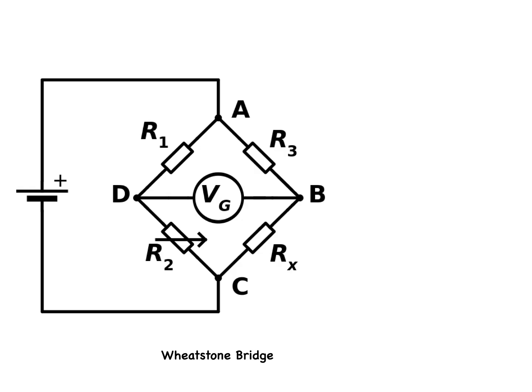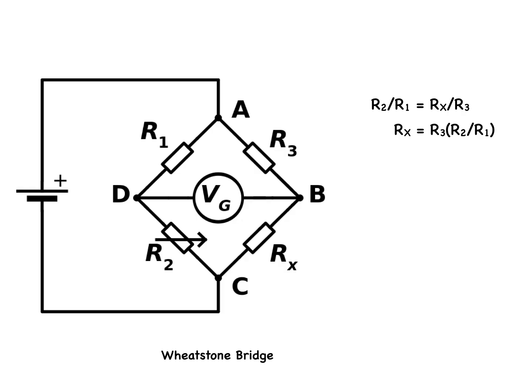At the point of balance, R2 divided by R1 will equal Rx divided by R3. Or, rearranging these terms, we can say that Rx is equal to R3 times the quantity R2 divided by R1.